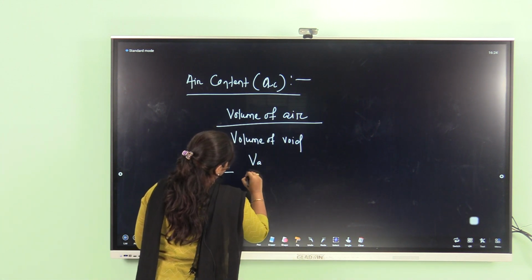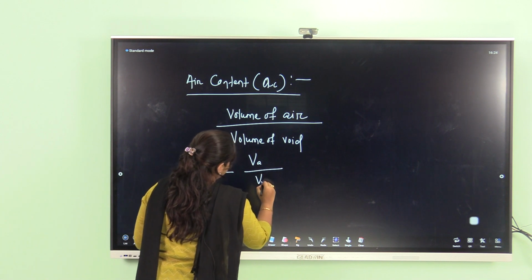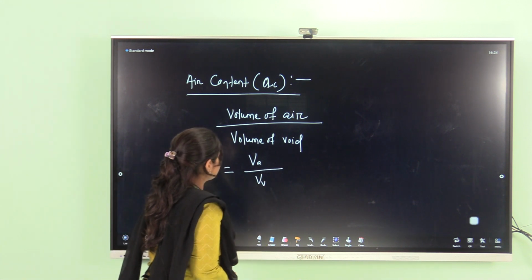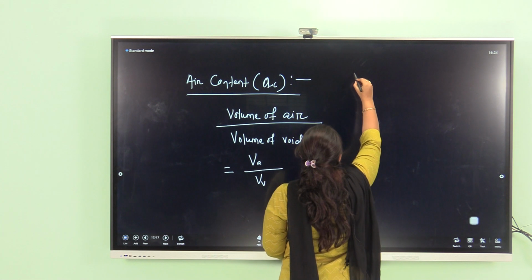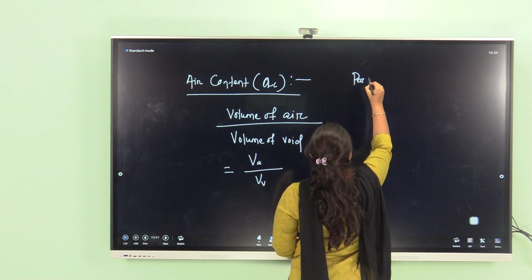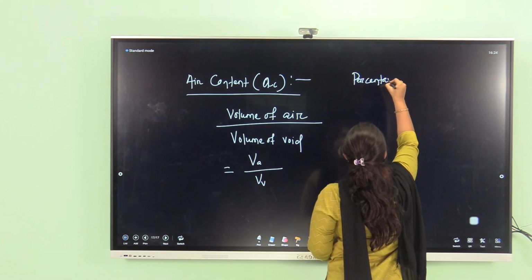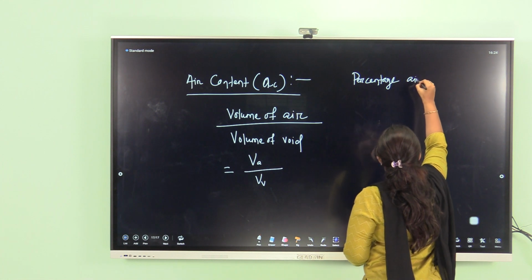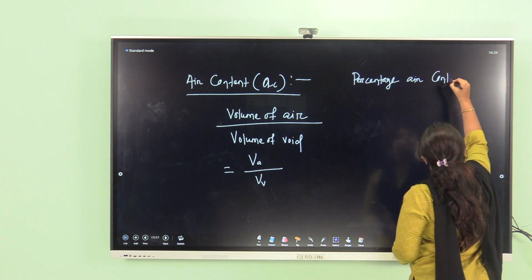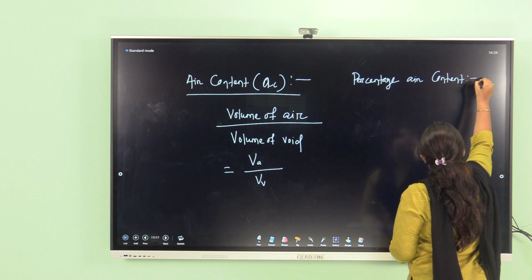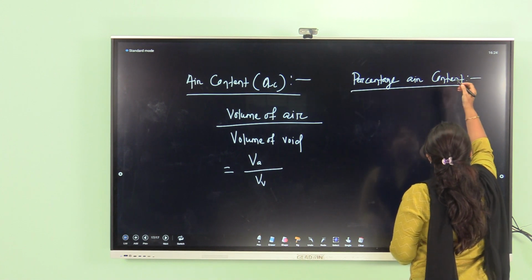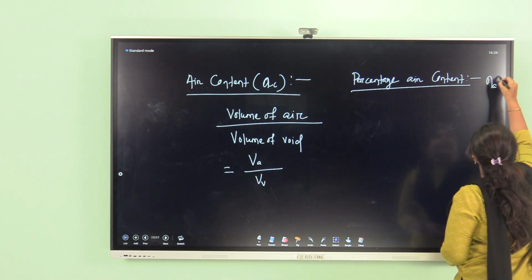It is going to be Va upon Vv. And percentage air content, symbol for this is na.